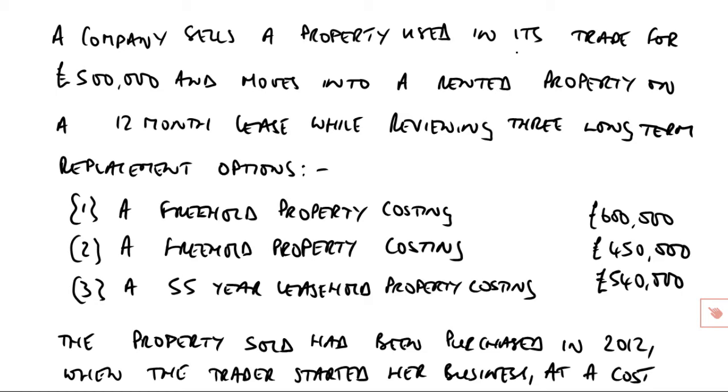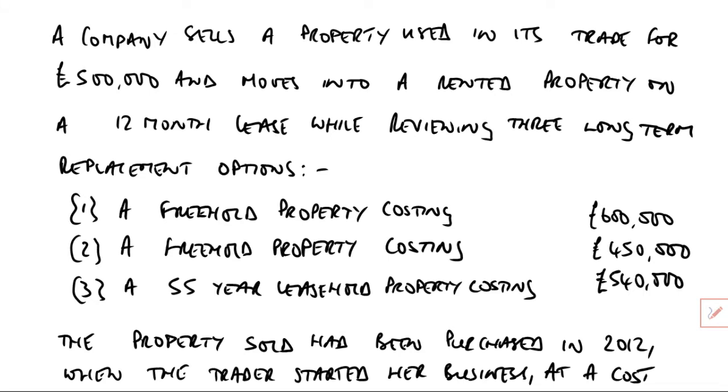But of course, the window of opportunity, as we've said, for rollover extends from 12 months before to 3 years after the disposal date. Well, this lease that we're currently in is only a 12-month lease. Therefore, we'll be well within the 3-year period following the date of disposal in which to make the reinvestment and then go on to claim our rollover relief. So what have we then got as our replacement options?